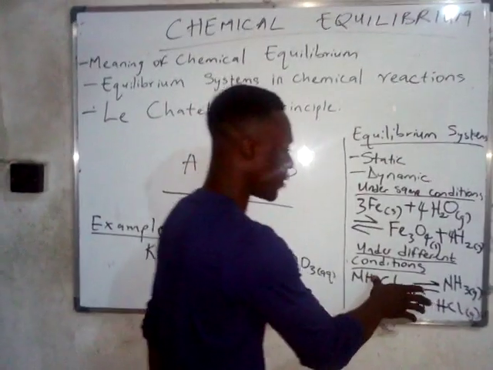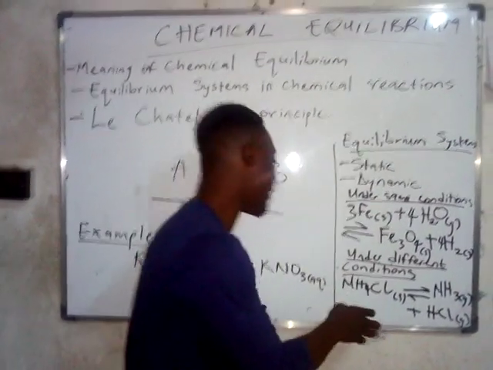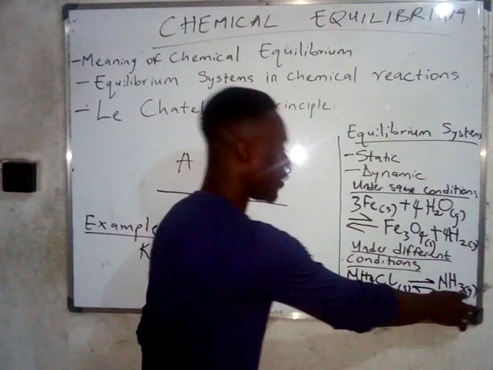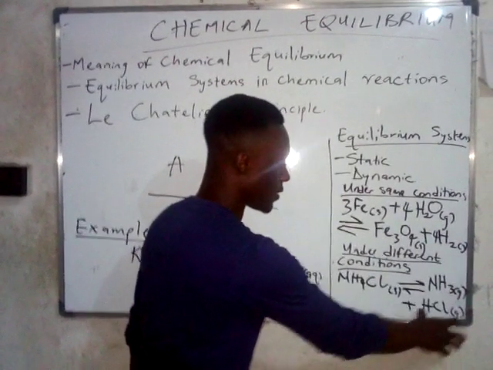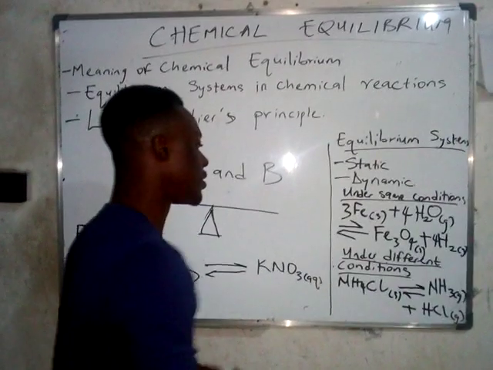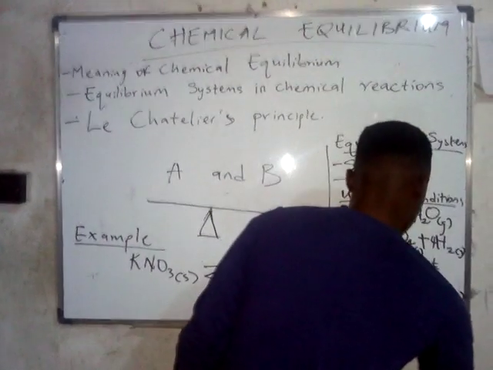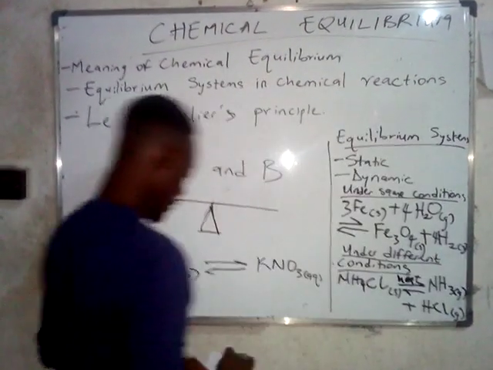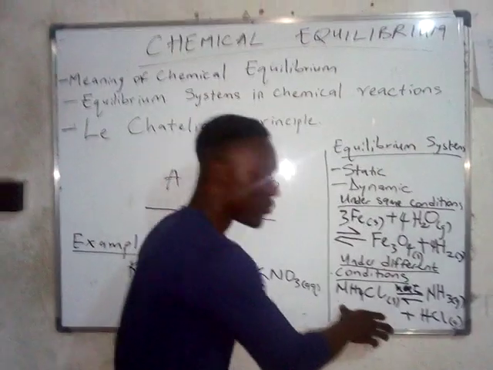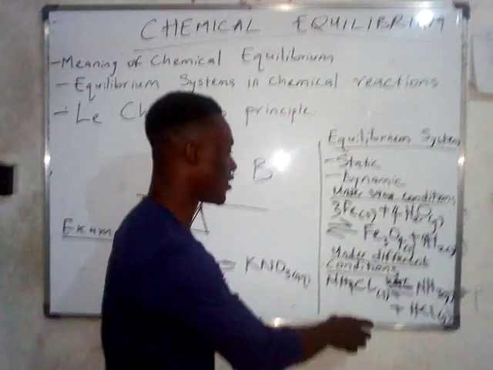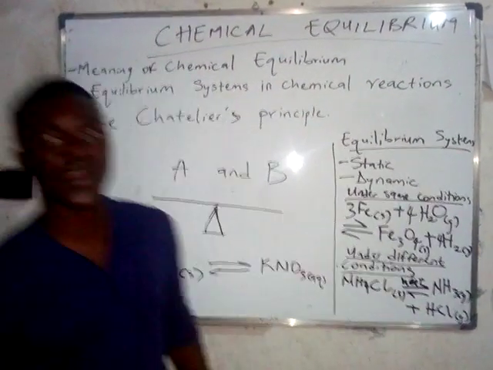the forward reaction, which is the decomposition of ammonium chloride to give you ammonia gas and HCl gas, is done by applying heat. Definitely, it's a decomposition reaction, and most decomposition reactions occur when you apply heat.